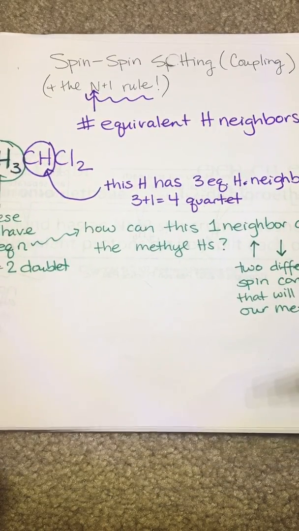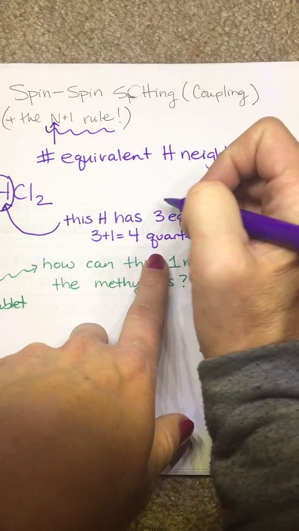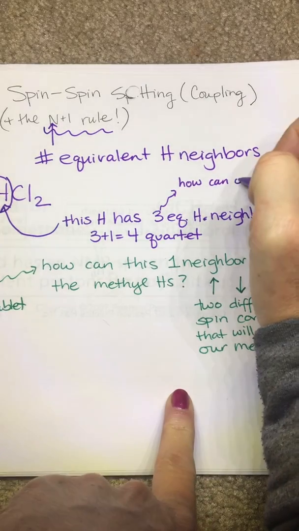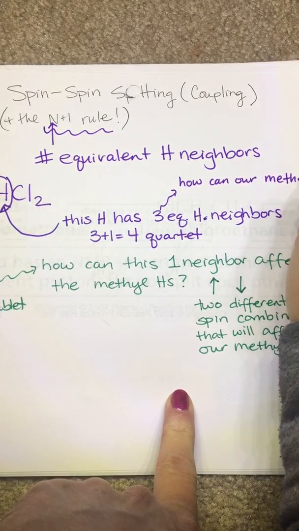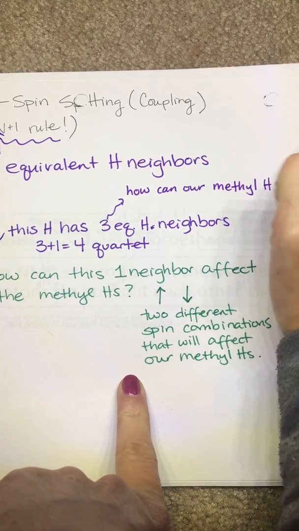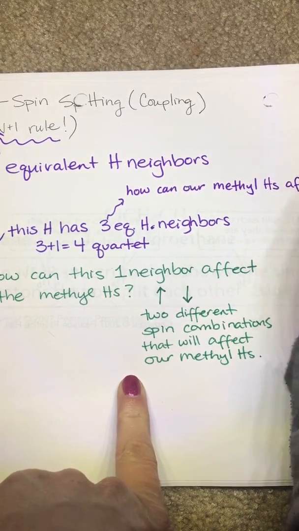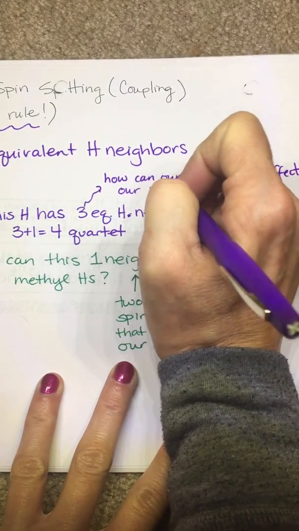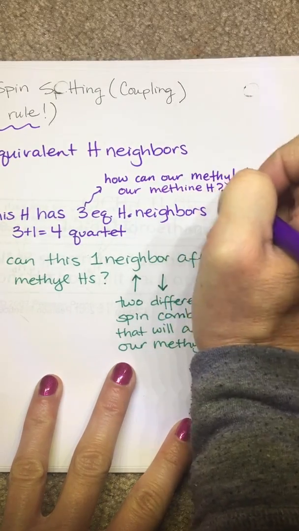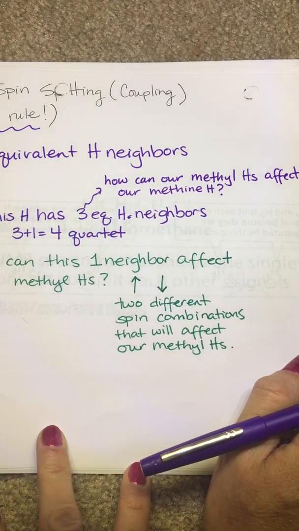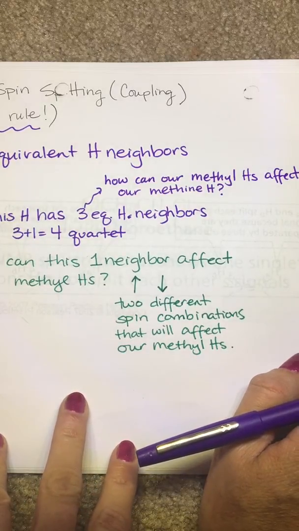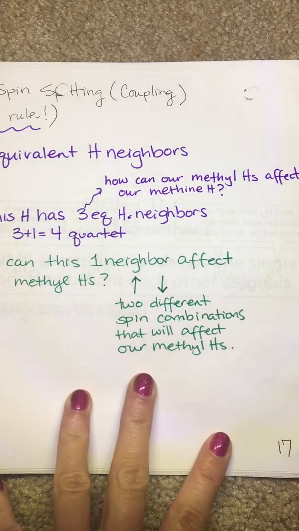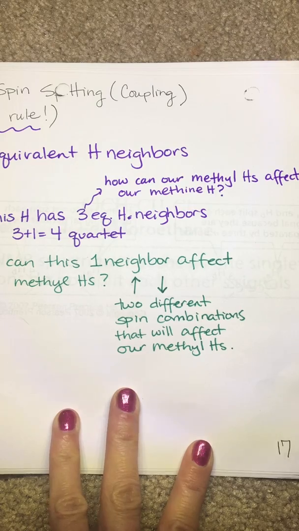So in terms of those 3 equivalent neighbors, how can our methyl hydrogens affect our methine hydrogen? Remember to review on a previous page in this packet from last week, we talked about the names for the methyl, the methylene, and the methine hydrogens. Well, there are 3 methyl hydrogens, so we've got to think of all of the spin combinations that they could do.